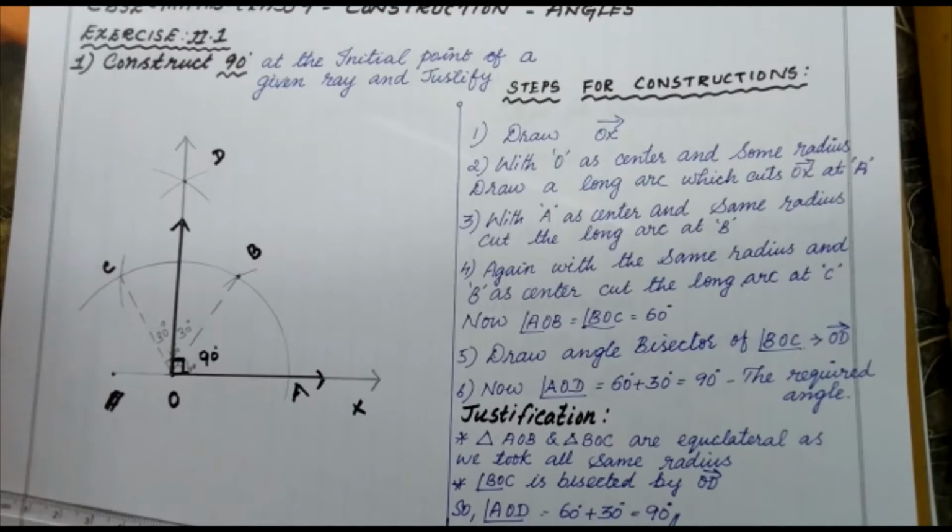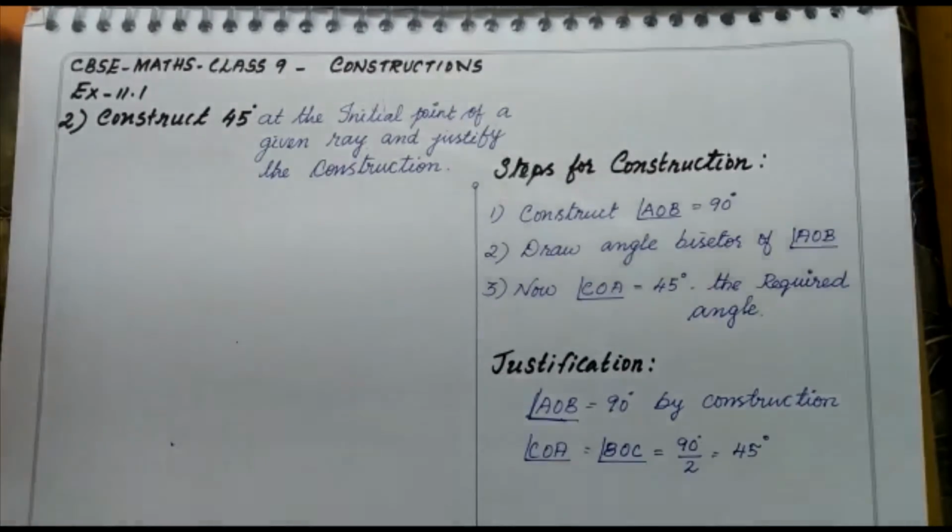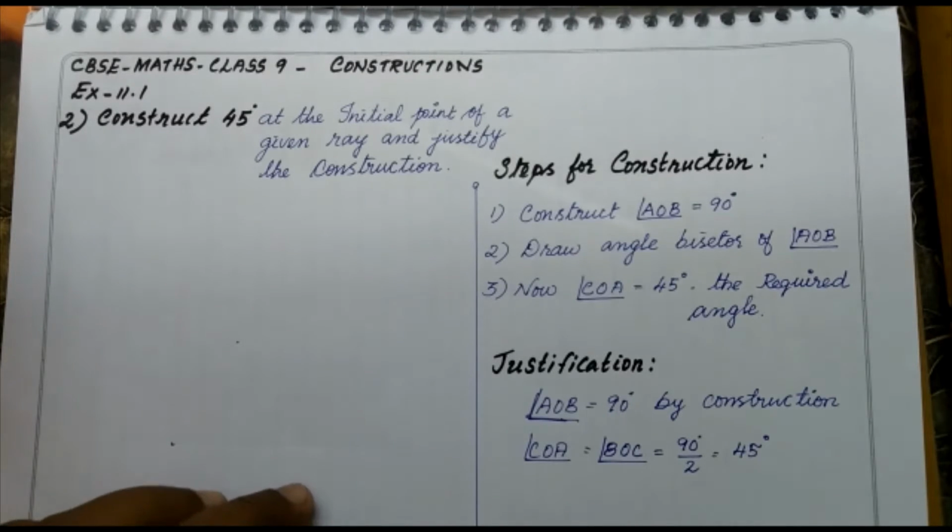Thank you. Maths chapter constructions, exercise 11.1, question number 2, subdivision 1. Construct 45 degree at the initial point of a given ray. Already we know how to construct 90 degree at the initial point.